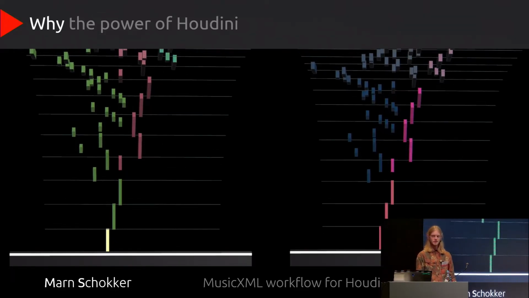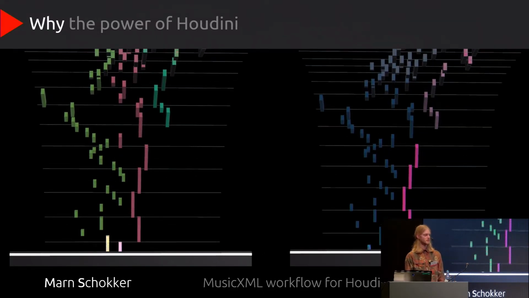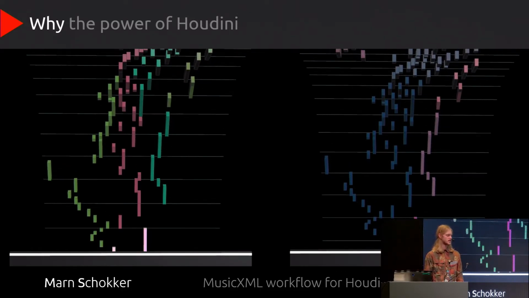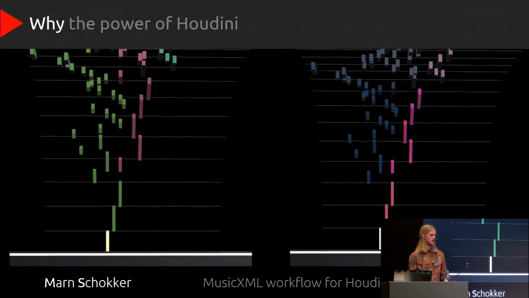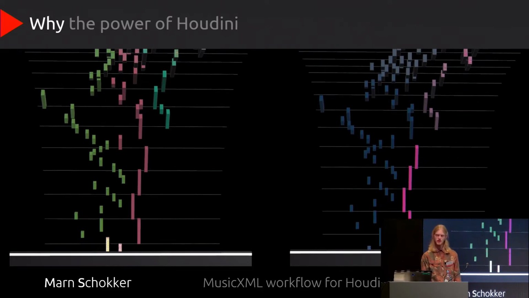With the data in Houdini, the sky is really the limit as to what you can do with it. Here are two examples of a simple piano roll. On the left, the colorization is based on the actual voice of the music, while the one on the right uses the HDA I just showed for detecting the themes.